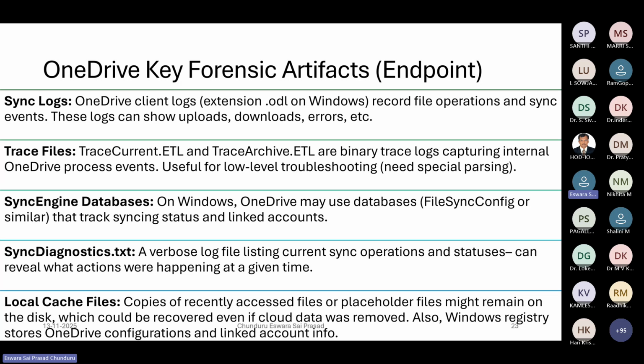And then a synchronization diagnostic text file will be there, which provides verbose data related to synchronization operations and statuses, which can reveal what has happened over OneDrive over a given period of time. And then local cache files, which keep copies of various types of files that might remain on the disk, which could be recovered even if cloud data was removed.